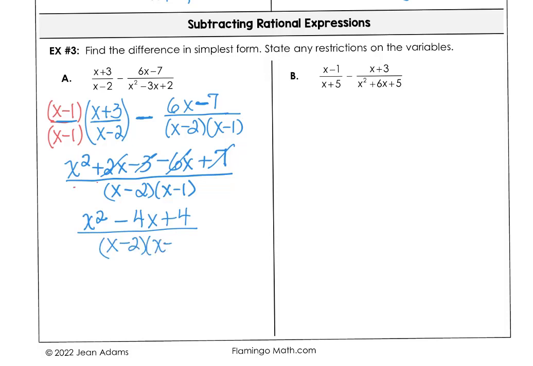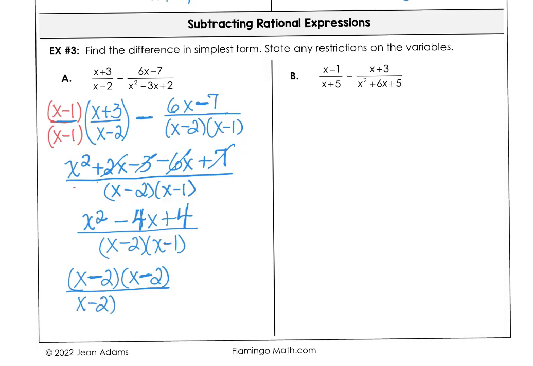Then we want to think about factors of 4 that could add up to be negative 4. And again, that is a perfect square trinomial. So 2 times 2 would give us positive 4 if they were both negative 2's, subtraction. And then negative 2 and negative 2 would add up to be negative 4 in the middle.